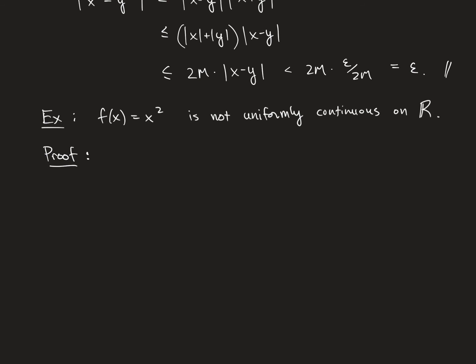So if this is not uniformly continuous, then the skeptic is going to win their challenge, right? So they're going to be able to produce an epsilon that you can't beat. And so in this case, we're just going to choose epsilon equal to 1.